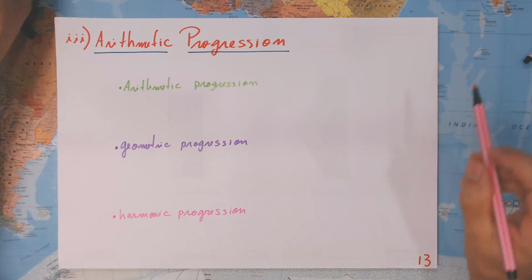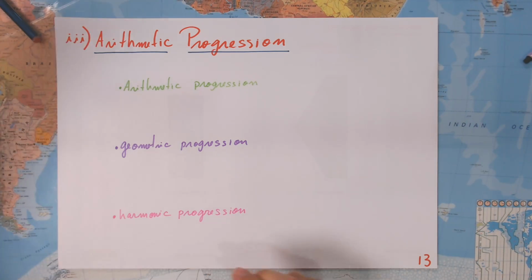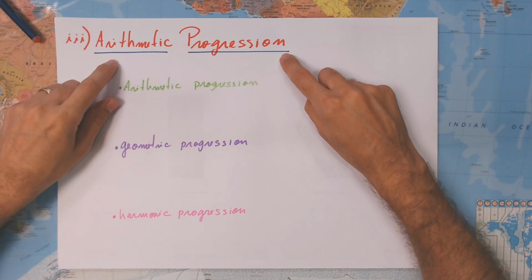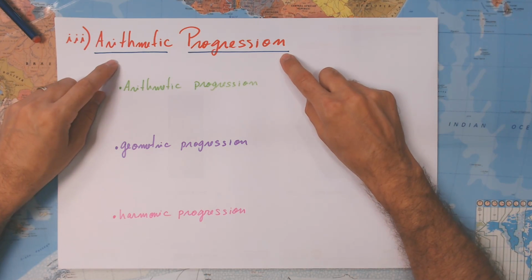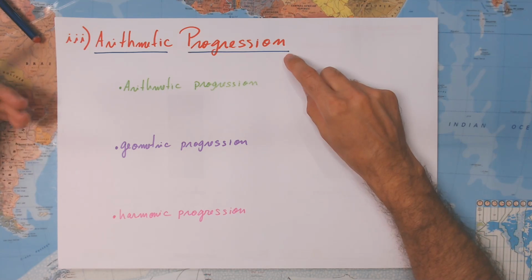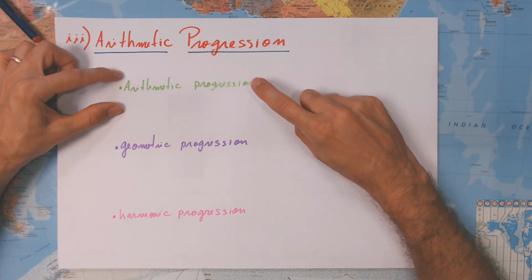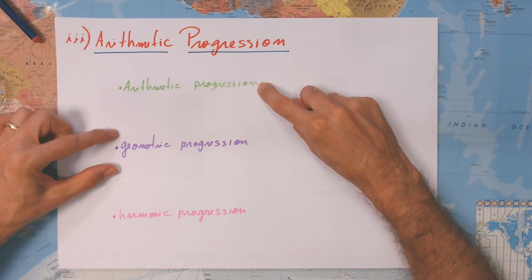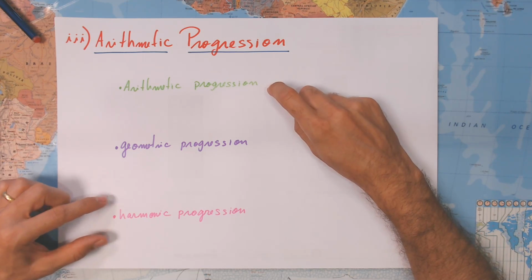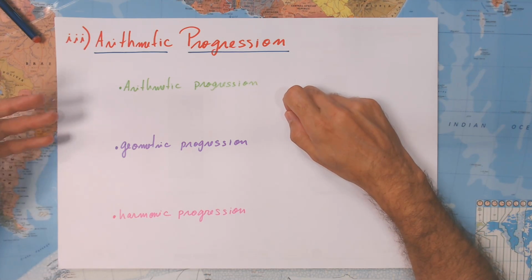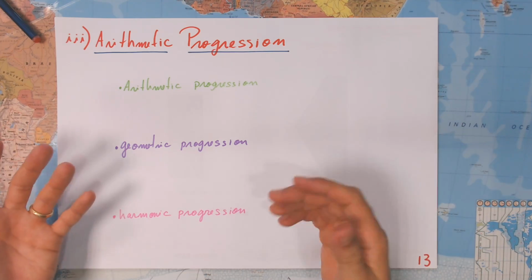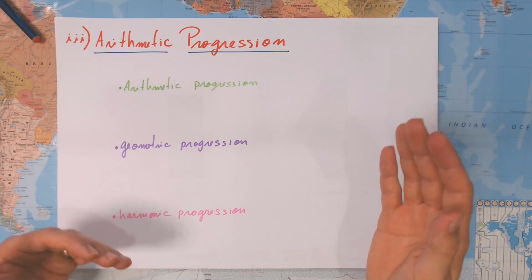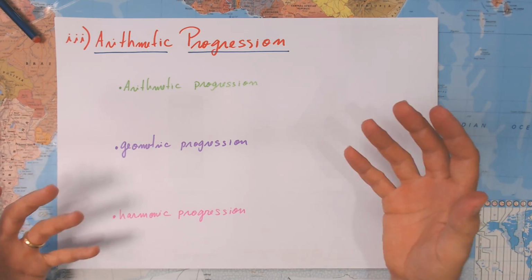Well, let's see each one of them. Of course, I'm just going to introduce those to you. And if you ask me why I'm going to introduce everybody if you're just going to study arithmetic progression right now, it's because if I want you to understand this, you have to know that this is not this, and it's not this. In order for you to know what is black, I want to show you what is white, what is red, what is blue, and it's much more simple for you to understand.